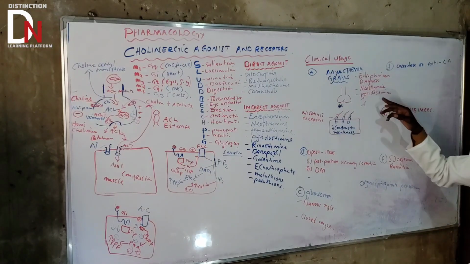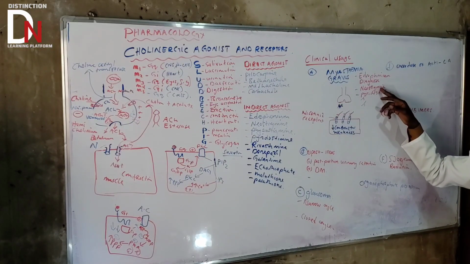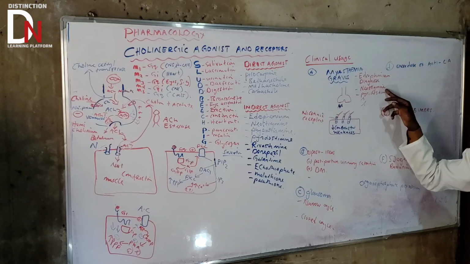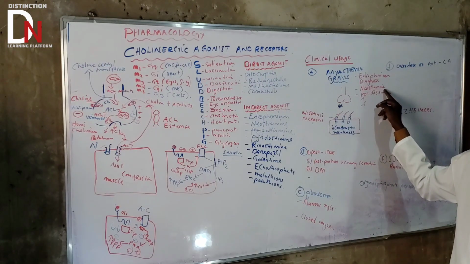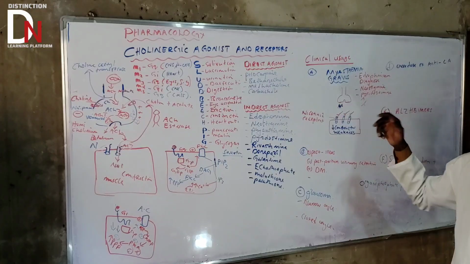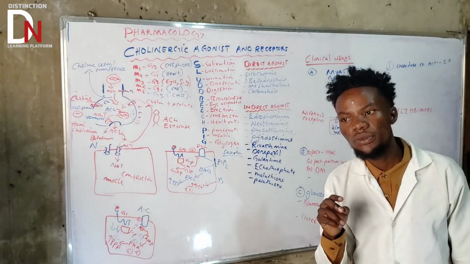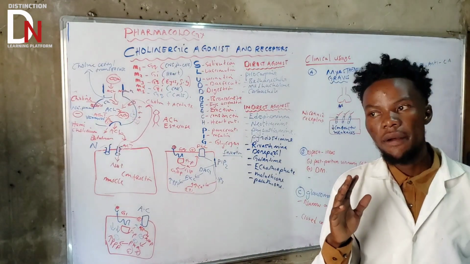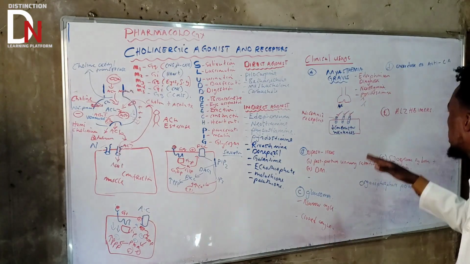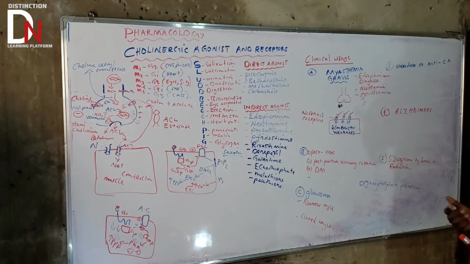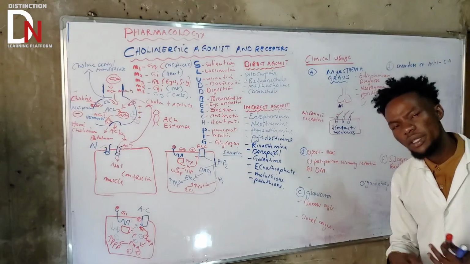Neostigmine is used to relieve acute symptoms. When someone is developing symptoms acutely, they are going to use neostigmine, because the duration of action is about 30 to 60 minutes. So it's short acting compared to pyridostigmine, whose duration of action is about 3 to 6 hours.